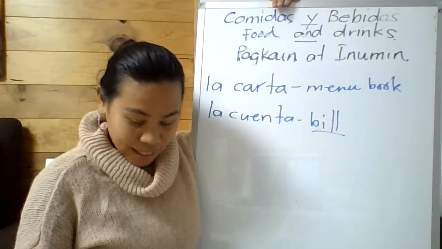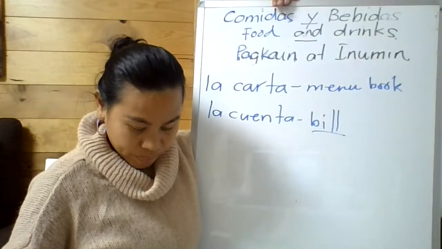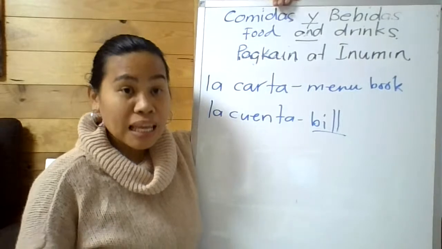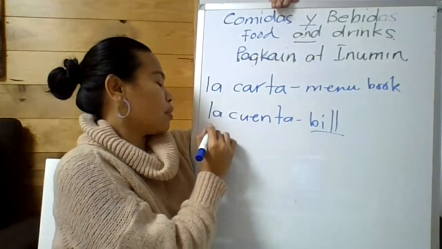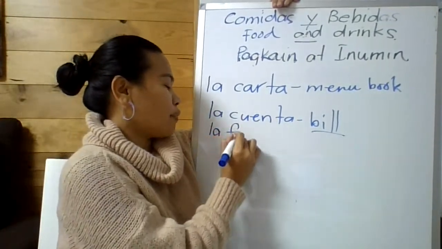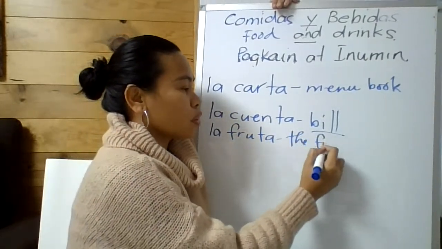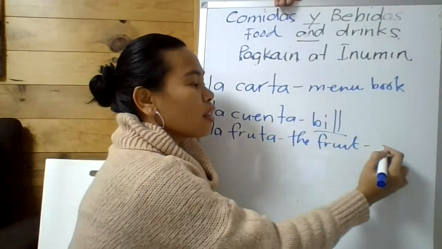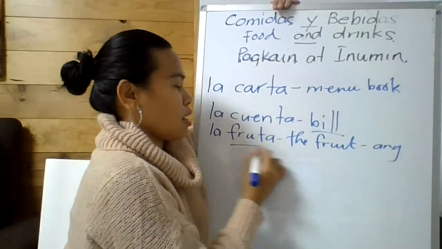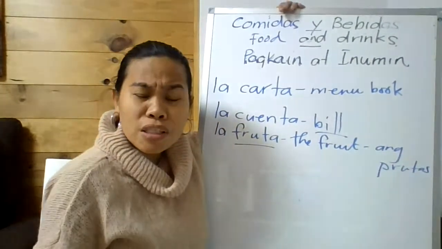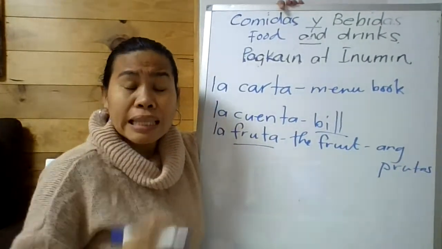Okay? And then, la fruta. The fruit. La fruta. So, in English, the fruit. In Tagalog, ang prutas. Magkalapit, pero letter P tayo. That is the difference between Spanish and Tagalog word.